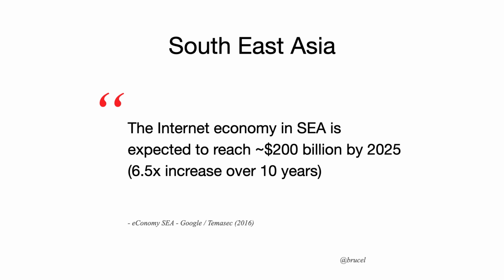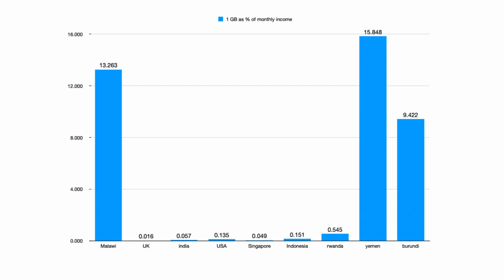But all countries are not equal in the technological stakes. Here, for example, is the percentage of monthly income that it takes to buy 1 gigabyte of mobile data. In the UK, for a gigabyte, not actually that much, it cost me 0.16% of my monthly income.